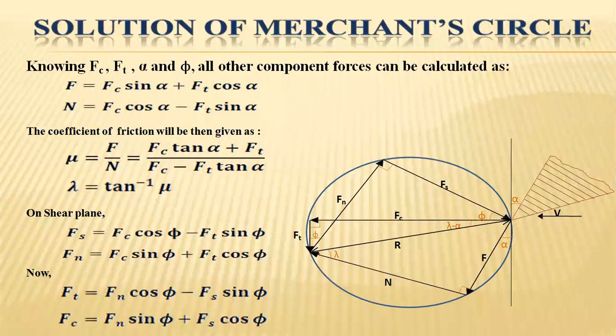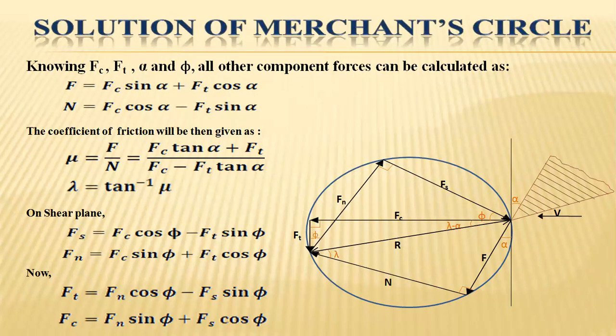The coefficient of friction developed on the interaction of this tool and work part is denoted by mu. We are all aware that mu is equal to F by N, the friction force by the normal force, and hence the above two formulas will be substituted in the place of F and N, which leads to the cutting force tan alpha plus Ft, divided by the cutting force minus the thrust force tan alpha.